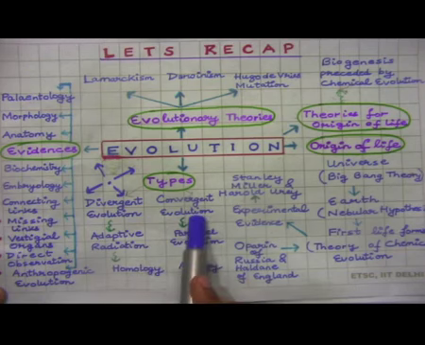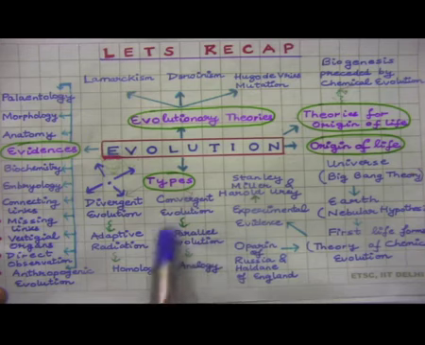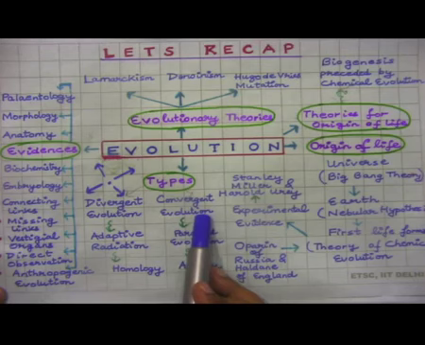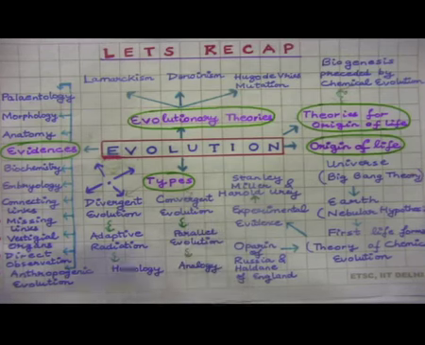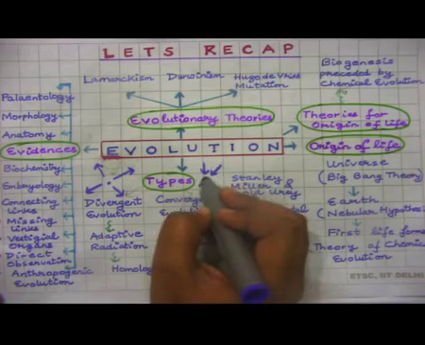On the other hand, convergent evolution is just the opposite of divergent evolution. It can also be known as parallel evolution. When in a particular place there are many adaptive radiation, it is known as convergent evolution. Again, as the name suggests, convergent evolution will lead to convergence at a particular place.